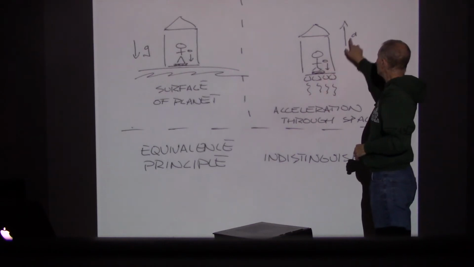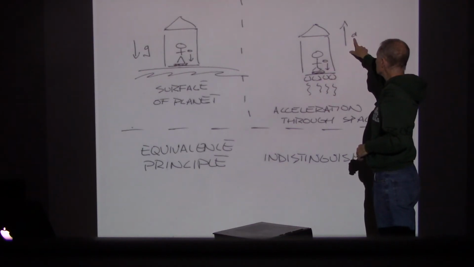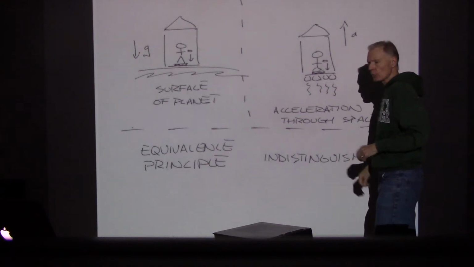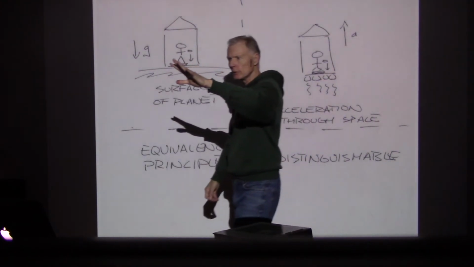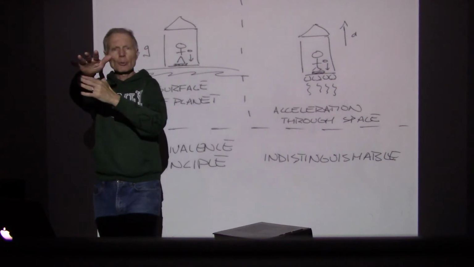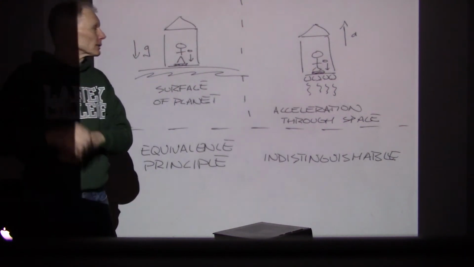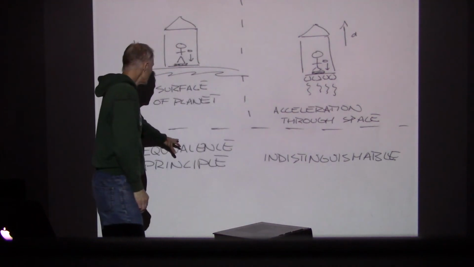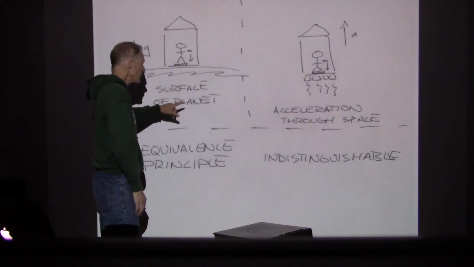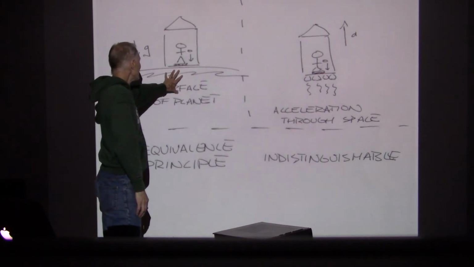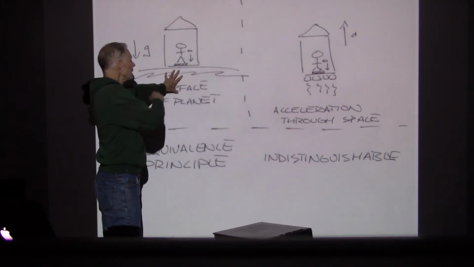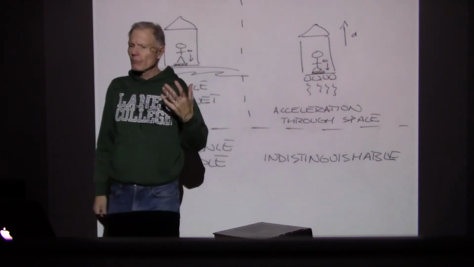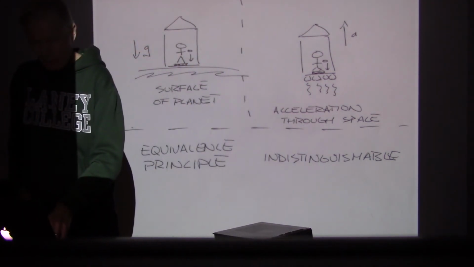If what we're doing is accelerating through space, that would create the very same effect. If the spacecraft is accelerating and I let go of an object, the spacecraft will accelerate into that object. So I can't tell the difference. The equivalence principle is just kind of a reinforcement of that. I can't tell the difference between a gravitational field effect versus an acceleration effect. They both produce identical effects.